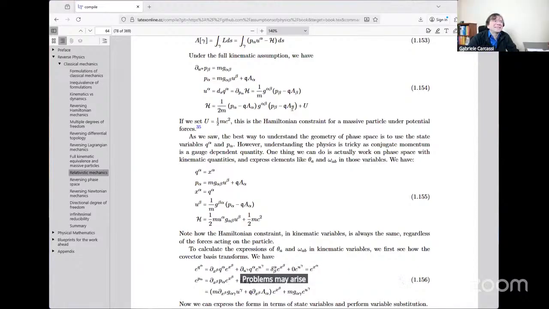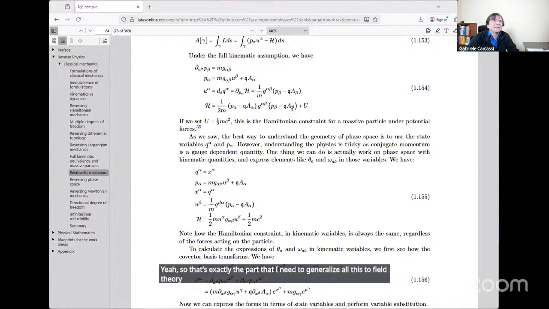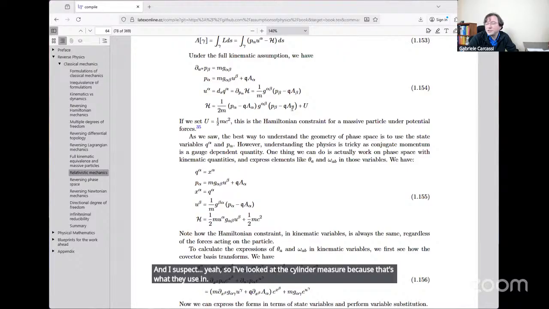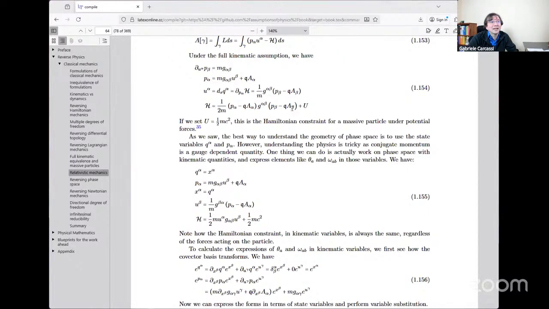Yeah, but that's exactly the part that I need to generalize all of this to field theory, because I need a measure, essentially the Liouville measure on function space. I've looked at the cylinder measure because that's what they use in stochastic processes.